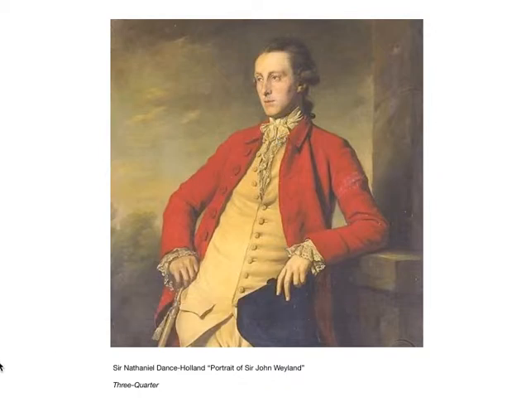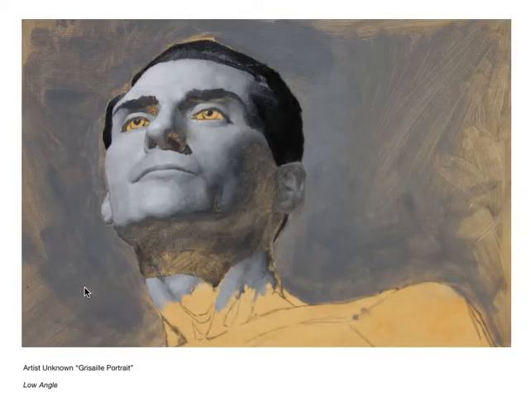So far we've taken a look at three different major conventions: the frontal portrait, the profile portrait, and here we've taken a look at the three-quarter portrait. These can be combined as well with different camera angles and camera shots. Very simply, here with this portrait, which isn't quite finished yet, we would call this a low angle shot.